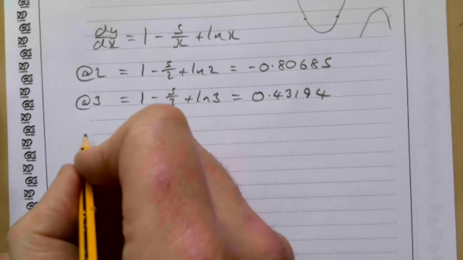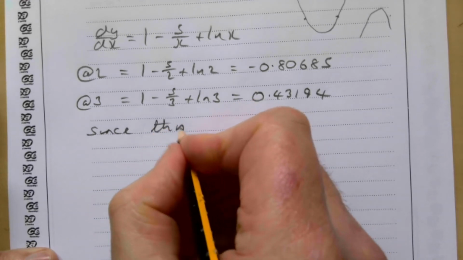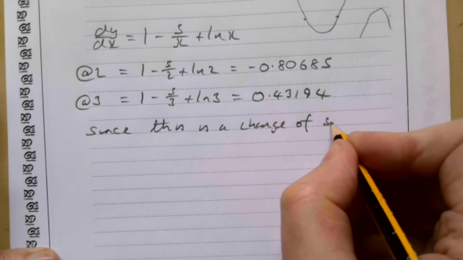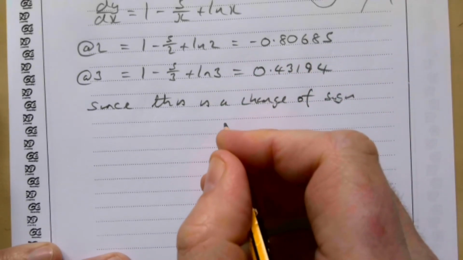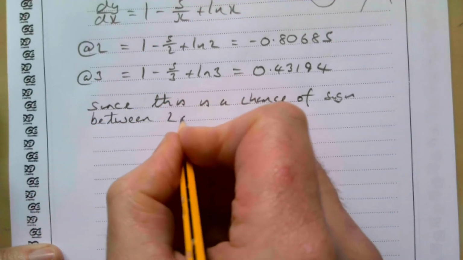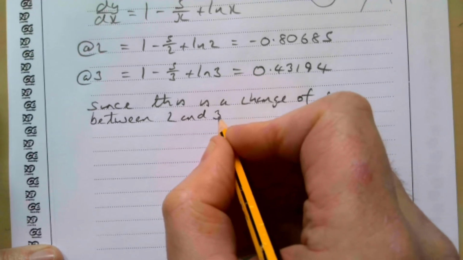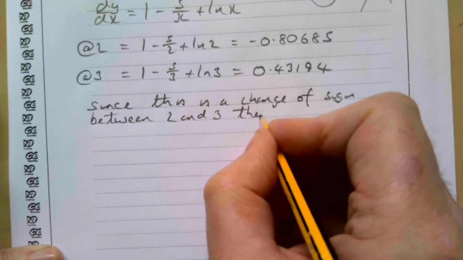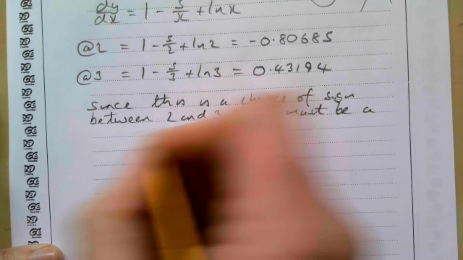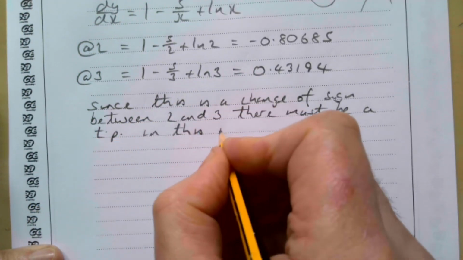Alright, so since we've had a change of sign between 2 and 3, there must be a turning point in this region.